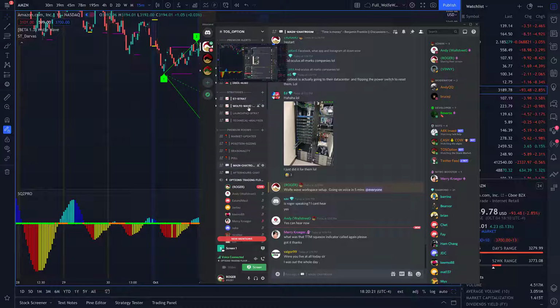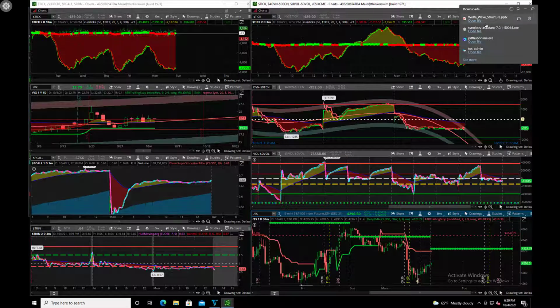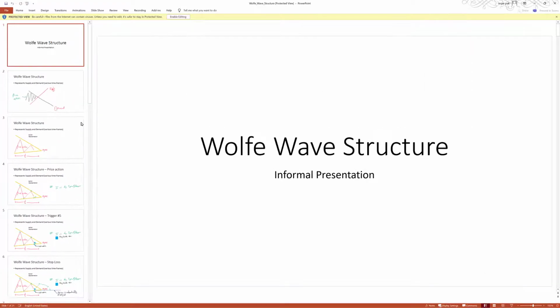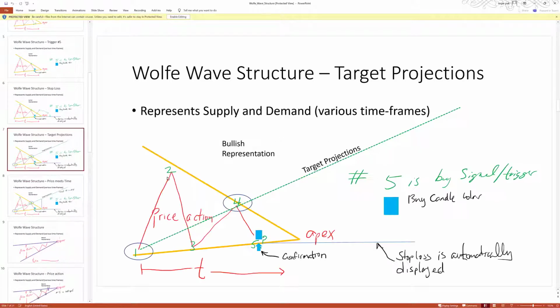And if you go into the Wolfe Wave strategy and maybe check out this PowerPoint presentation, so this is a bullish Wolfe Wave, and you can see when the green line connects 1 and 4, that's your target projection.